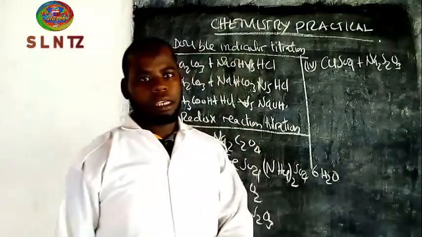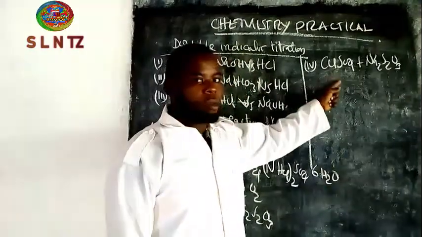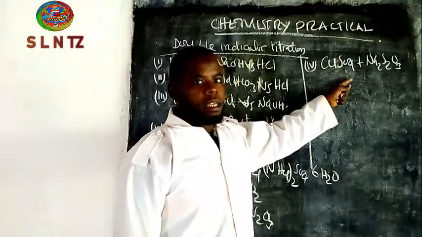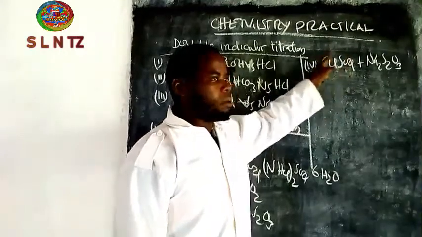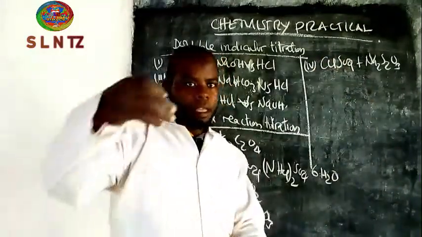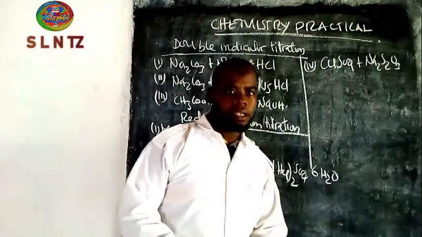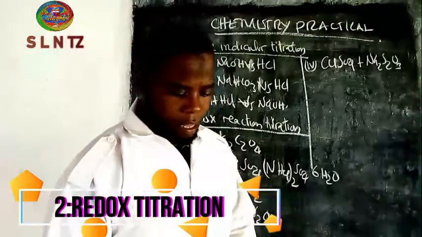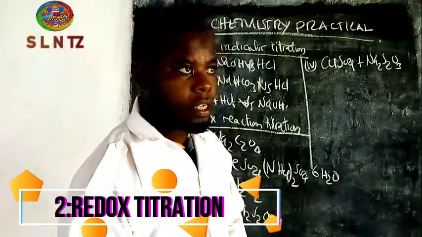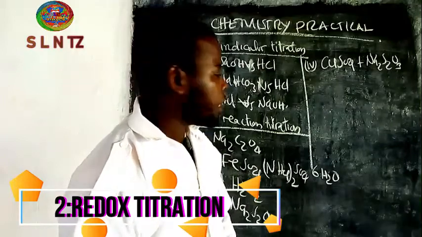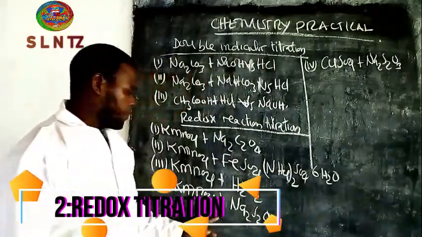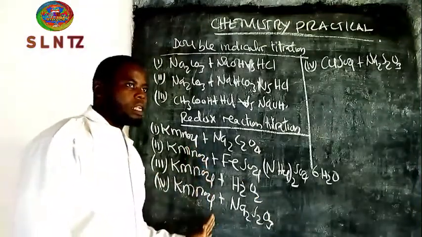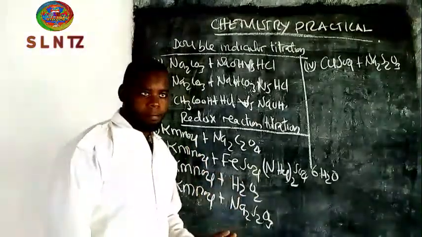That is the main reactant, but there is the presence of potassium iodide, then the starch. This copper sulfate is prepared by reacting with sulfuric acid in order to make an acidic medium. So for redox titration, I think those are the main areas to concentrate on during your study.